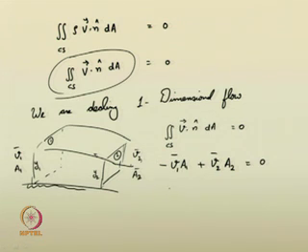So, what does this mean? V 1 bar A 1 is equal to V 2 bar A 2. So, this is your discharge Q, and as we have already mentioned, the flow is steady. So, the discharge across any cross section will be the same, only the velocity and the cross sectional area will be different. So, that gives you the continuity equation.